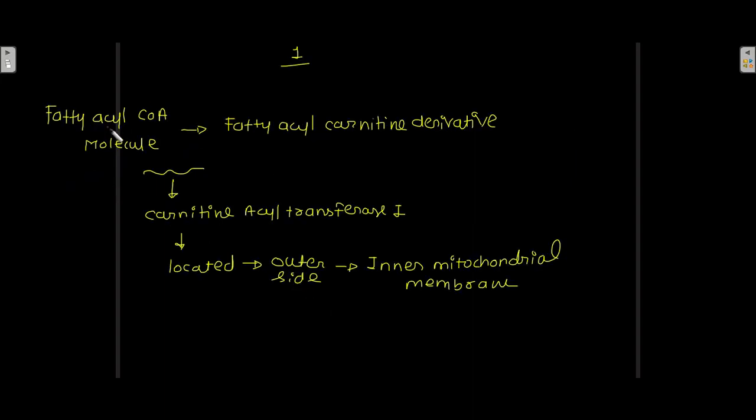Now, in the first step, each fatty acyl coenzyme A molecule is converted to a fatty acyl carnitine derivative. This step is catalyzed by the carnitine acyl transferase 1 enzyme, which is located at the outer side of the inner mitochondrial membrane.